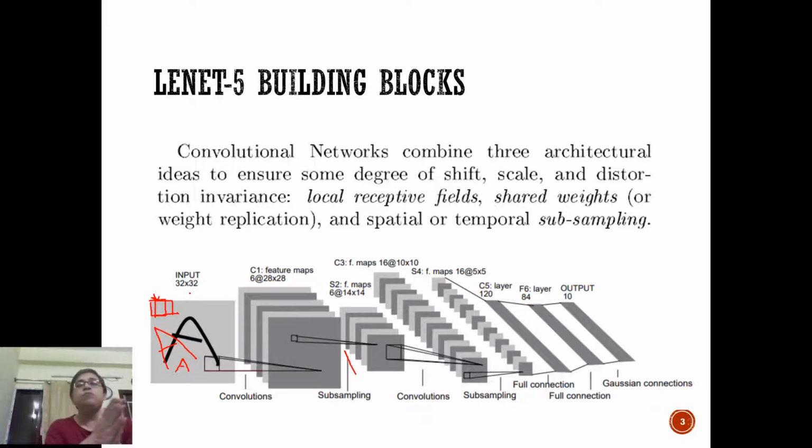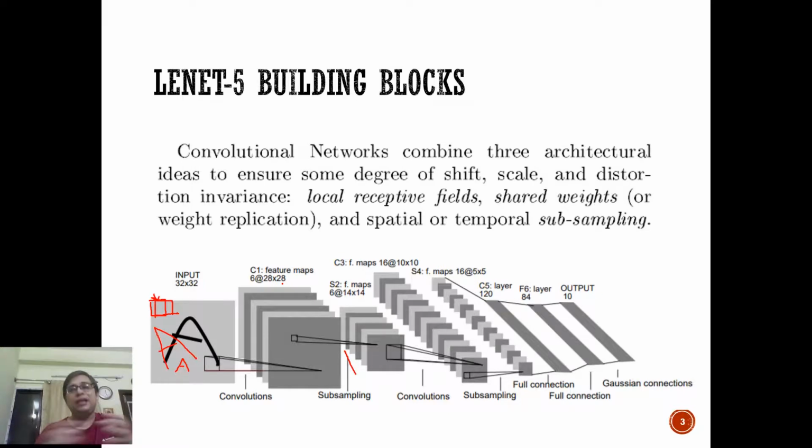Your input image is 28 into 28, but you apply same padding, so you pad it to 32 into 32 and you get a 28 into 28 image based on all the filters. So 6 filters, 6 into 28 into 28. Next, you apply pooling, then again a convolution, again pooling, and finally a fully connected layer.